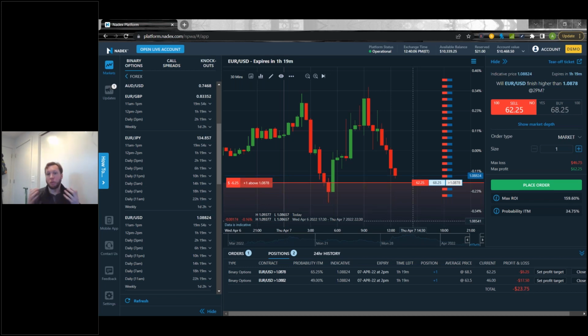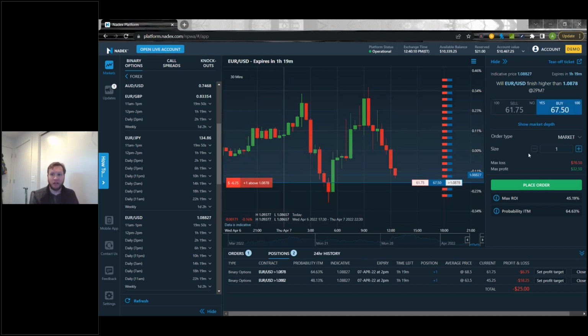But again, that's not your profit. You have to do 100 minus whatever you paid to get into the contract. In this case, I paid 67 to get in, and I would have 100 at the end of the time. So that's going to be a $33 profit, not including fees, which would be $1 on either side. I hope that makes sense.